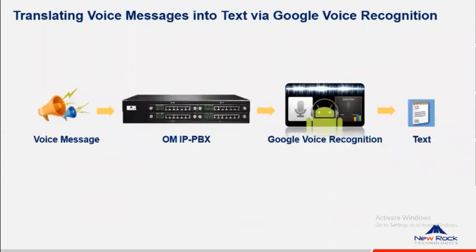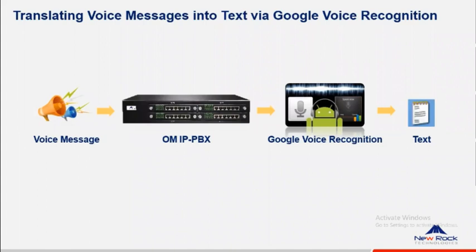Okay, so we have another application for translating voice messages into text via Google Voice Recognition. This is a very good example, especially in a restaurant: when there is an incoming call to order something, the OM system will answer the call and, through the use of Google Voice Recognition, translate that to text.